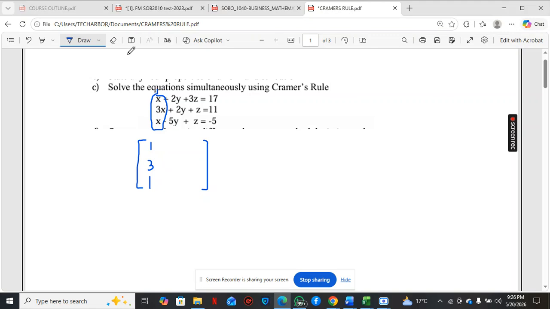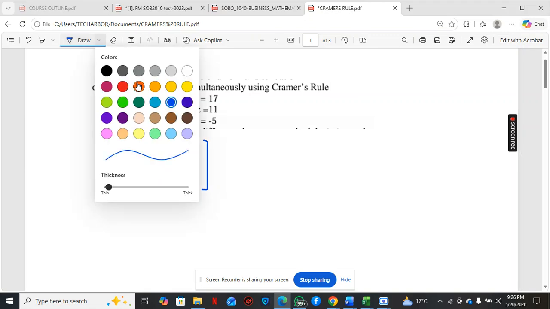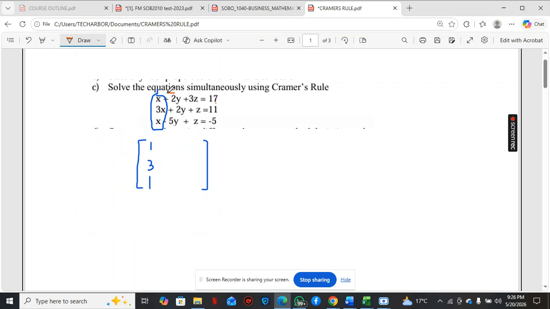We come to our y column here. Here we've got a positive 2y, so we're going to put 2 here. Another positive 2y, so we put 2 here. And then negative 5y, so we put negative 5.